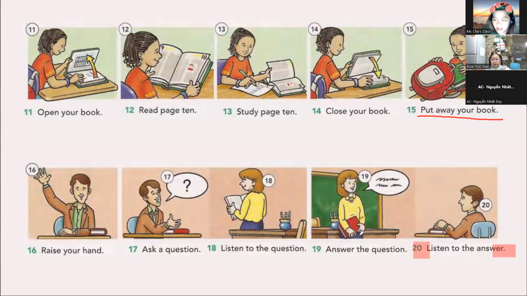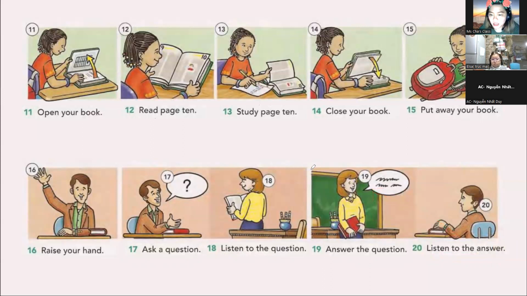You need to listen. And then answer the question. Answer the question or simply give a response. Okay, you reply to the question. And then, listen to the answer. Of course, since you asked the question, we need to be very polite. We need to listen carefully to the person who is speaking.